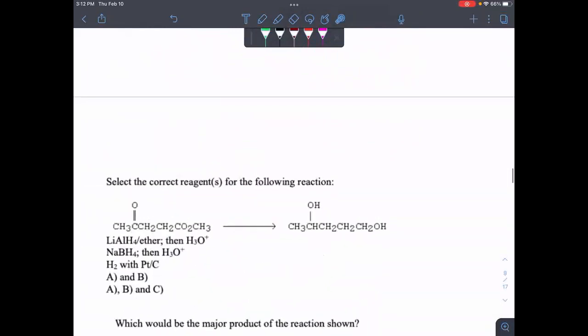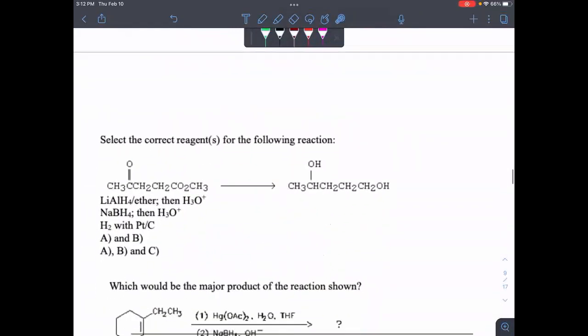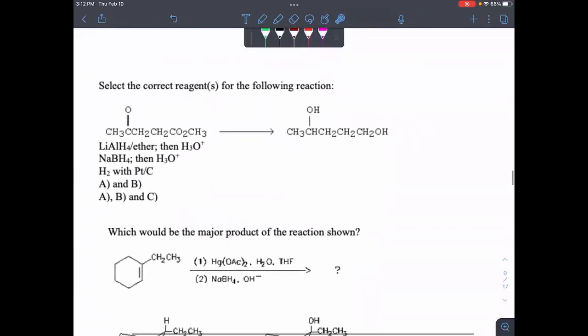Okay, and then this one. Do you guys remember the condensed formula functional groups? On some of them. Okay, so what functional groups do we have up here? Yeah, we have a ketone, an ether like this.